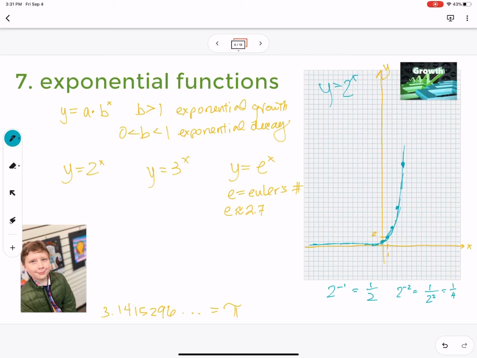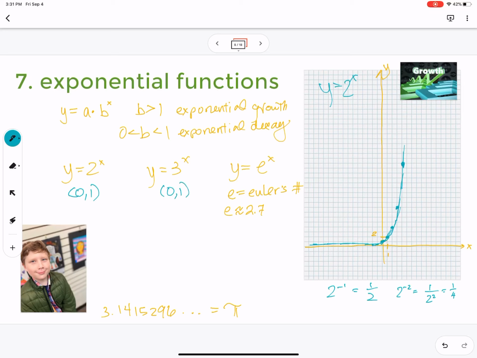I want to follow along with what I write. Okay, so my anchor point is the point (0, 1) on all of these. That's my y-intercept.